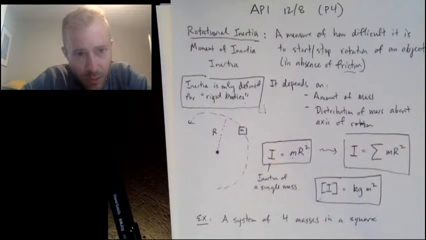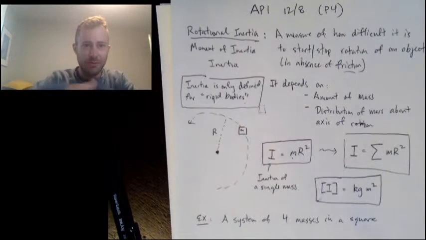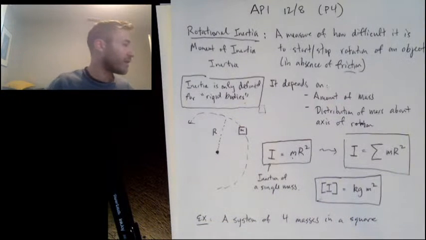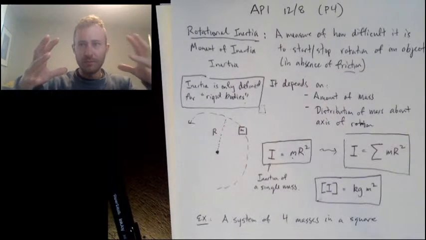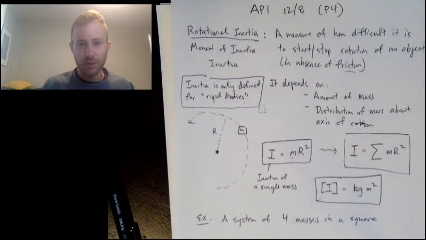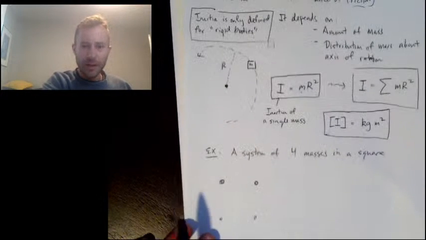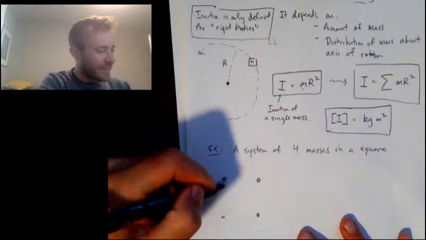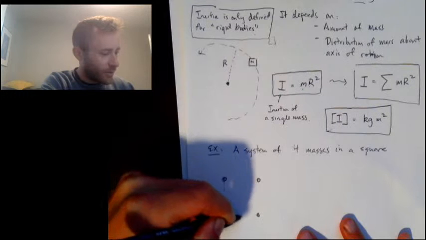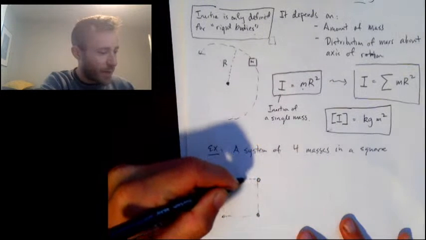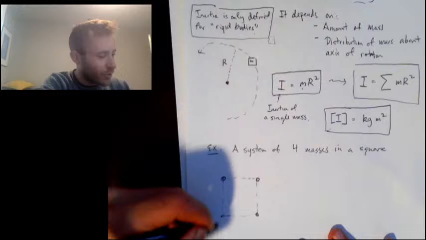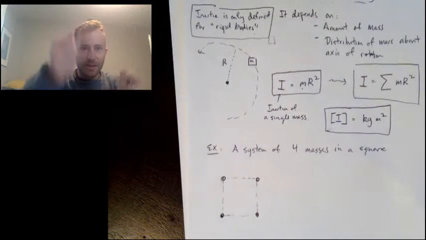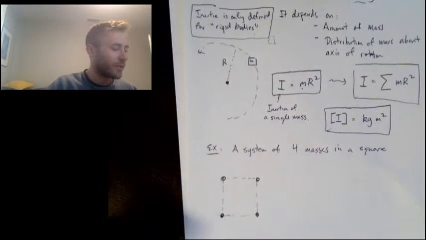You wouldn't talk about the rotational inertia of liquid because liquid can flow, and as it's rotating about the axis, it's going to change shape. Things that are solid, structurally sound, those are rigid bodies. So when I say a system of 4 masses, these masses are linked up in such a way that it's rigid. Maybe there's a frame around them so that they are rigidly connected to each other. You can't take this square and bend it, rotate it, etc.